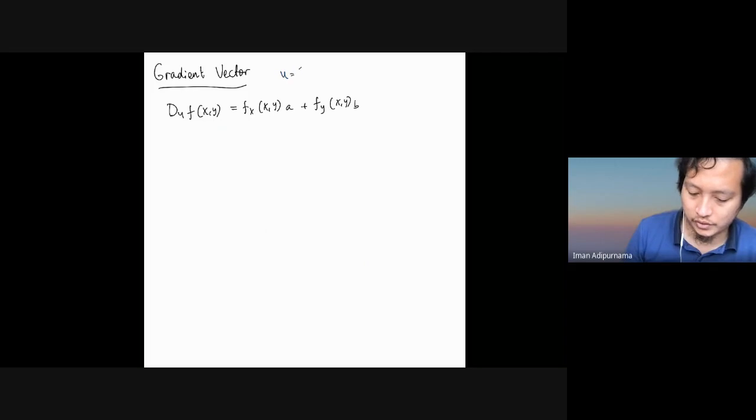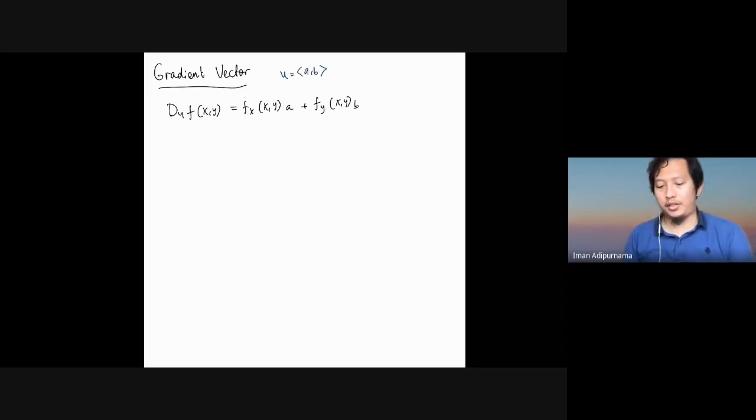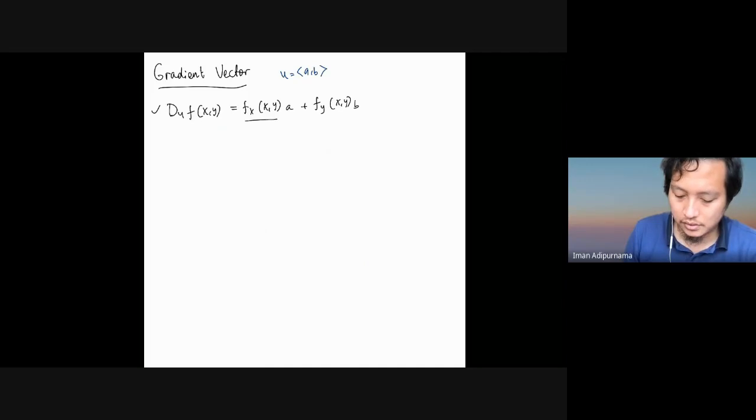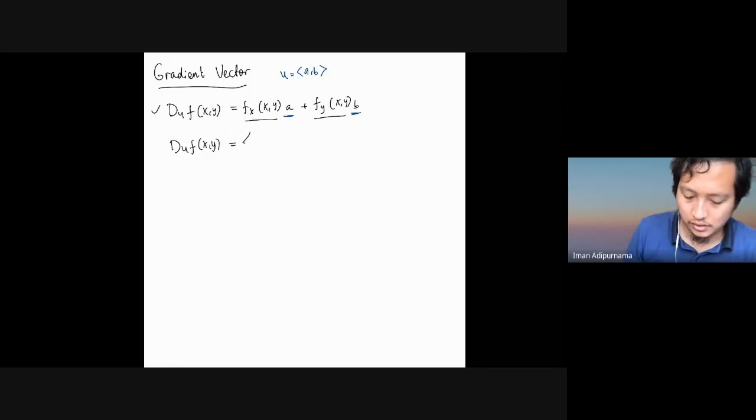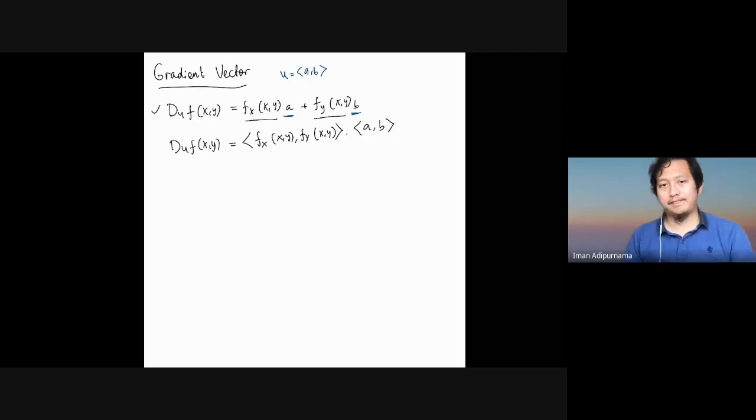This is with the unit vector of a and b, right? So we already have these relations. Let's break down our relations. Instead of having the partials together with the vector, let's separate them and write this in terms of each partial and the unit vectors.